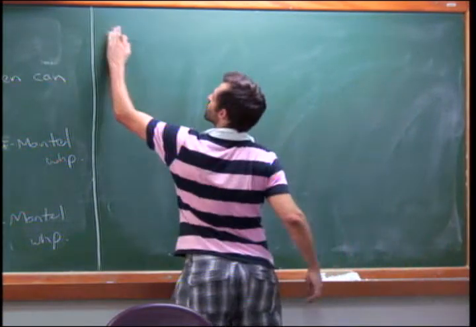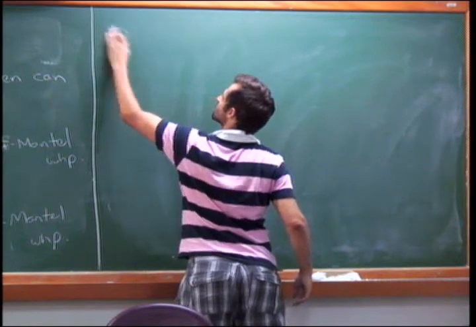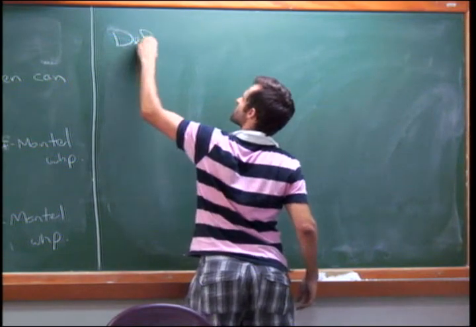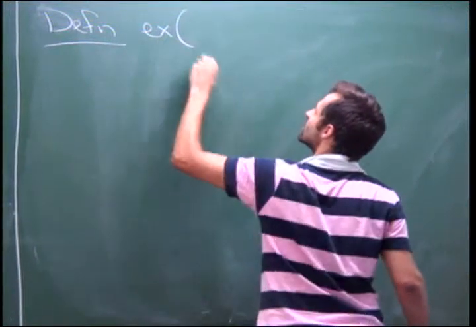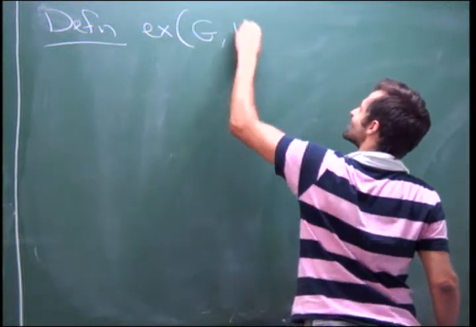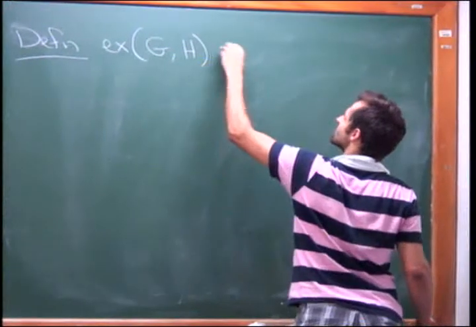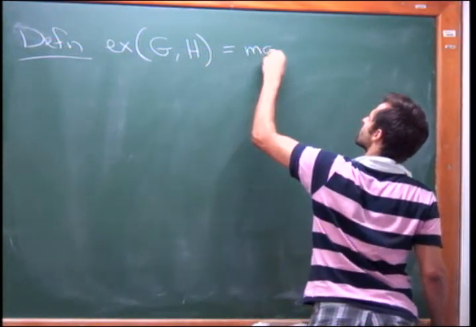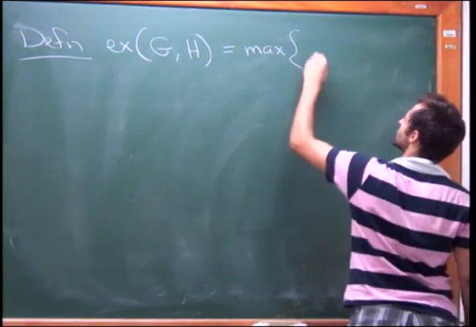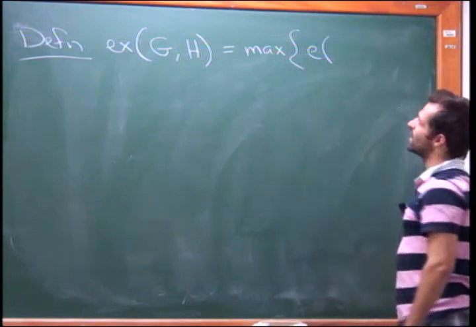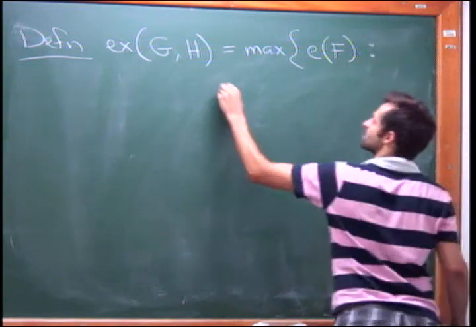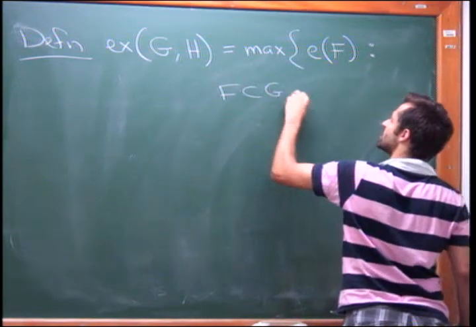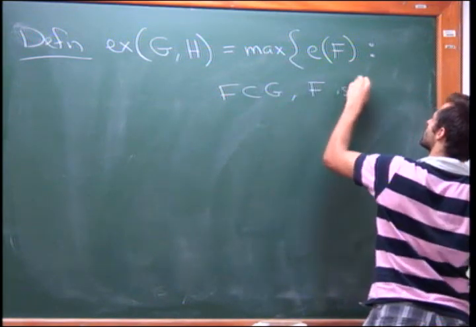And generally you can ask the following question. That's the definition. The extremal number of G, H is going to be equal to the maximum number of edges of a graph F, such that F is a subgraph of G and F is H-free.